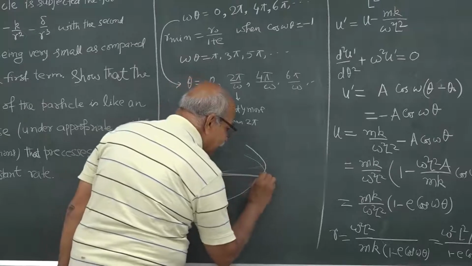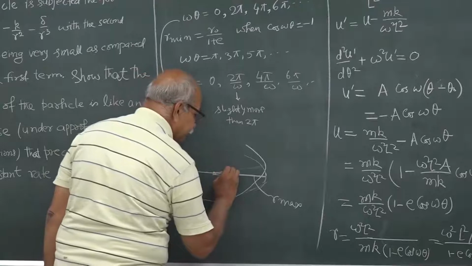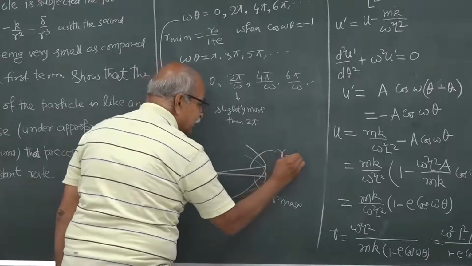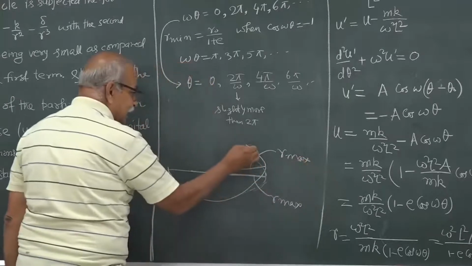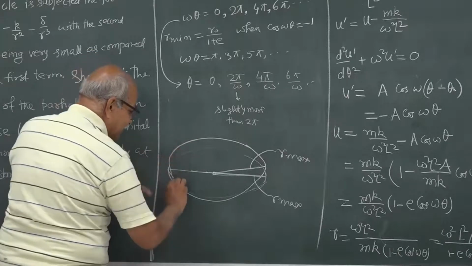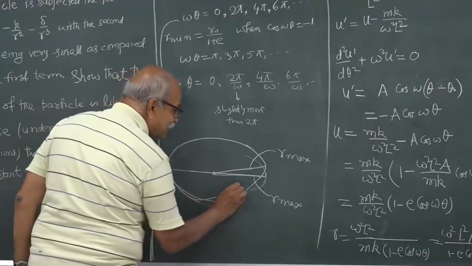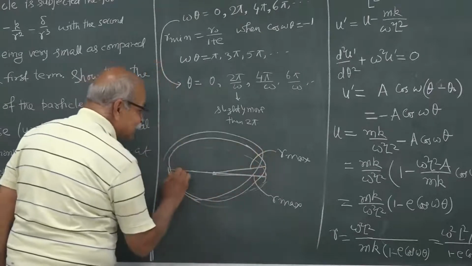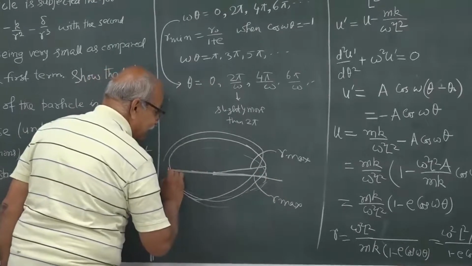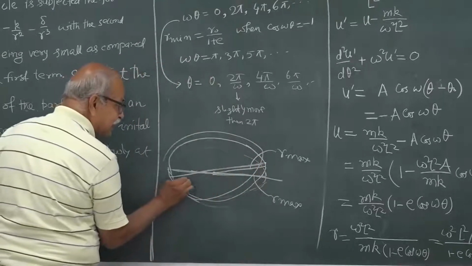So this is R max, and the next R max is coming here, in a very exaggerated figure. Once again R max is here, and R min is somewhere here, and the next time the maximum will be somewhere here. So this was the major axis, then this is the major axis, and then this is the major axis.